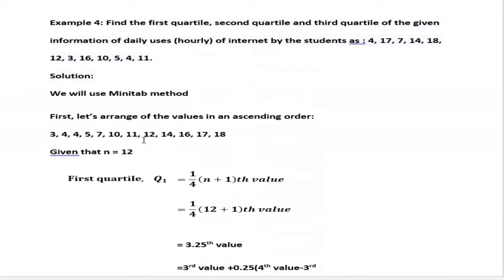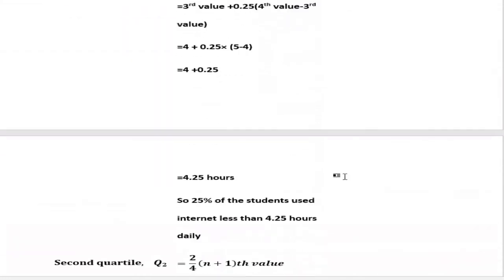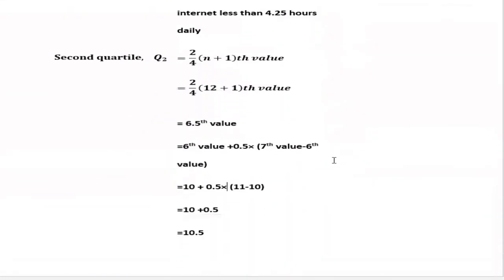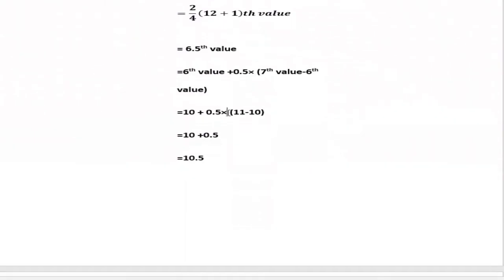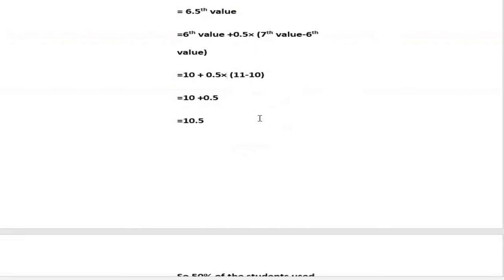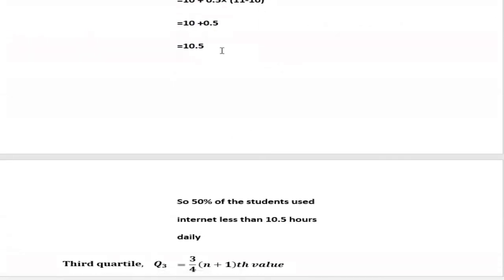For the second quartile, the sixth value we put as 10, plus 0.5 multiplied by the seventh minus the sixth value. What is the seventh value? We go after 10. The seventh value is 11. So we get 11 minus 10, multiplied by 0.5. After the calculation, you will get 10.5 hours.